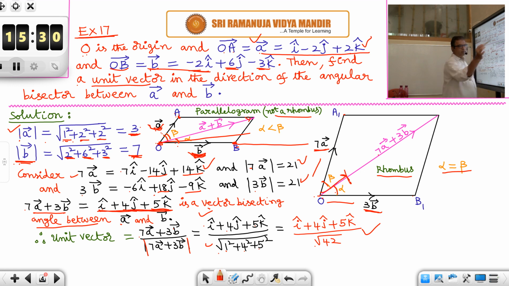Not only that, its length will be just 1 unit. 7A bar plus 3B bar will be up to here; such a bigger, longer vector we don't want. We want a vector of only one unit magnitude. So divide by its magnitude, and you will get the unit vector. So this is the procedure to find it. The next question is also of the same type. See.